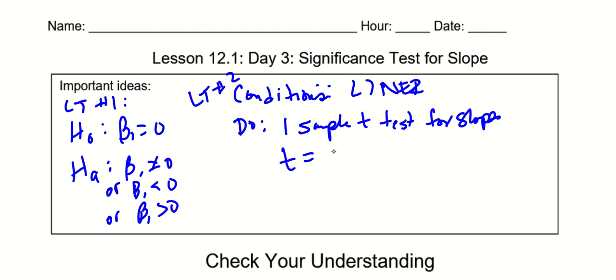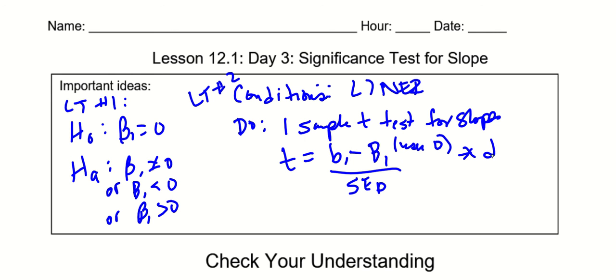Our formula for t is the slope of our linear regression line minus the null, so actually that was b sub 1, different notation in different contexts. So b sub 1, which is usually 0. I think for us it'll always be 0, except in problem number 6, it might not be 0, over the standard error of your slope.